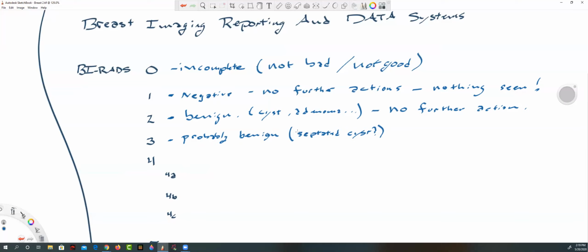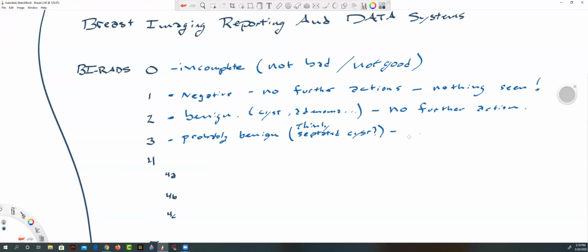I could have just written non-simple cyst, rather than septated. Thinly septated cyst, because thin septations are probably benign.